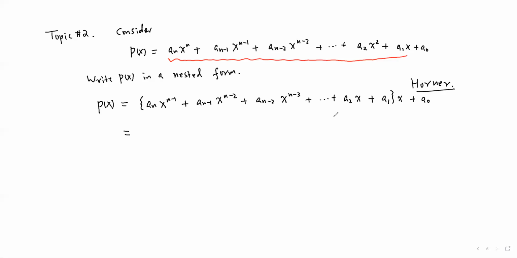Now within the curly brackets, consider all the terms except the last term, a_1. Then take x out.